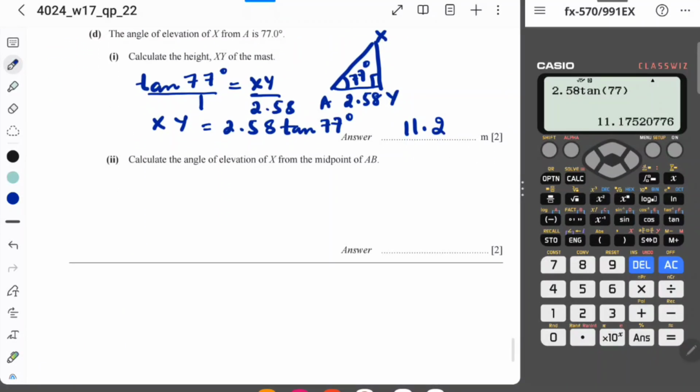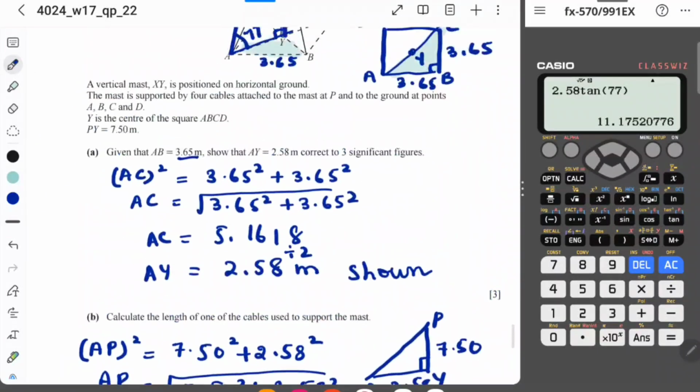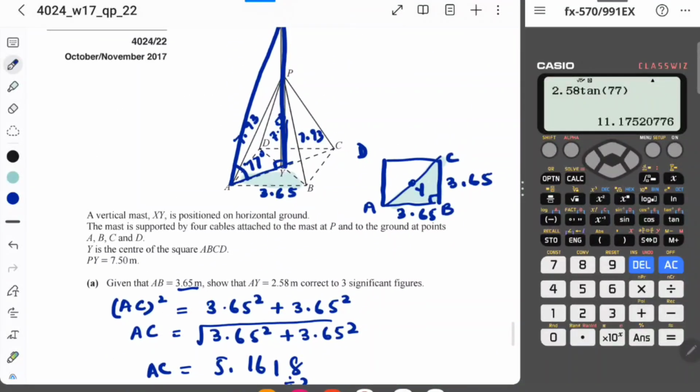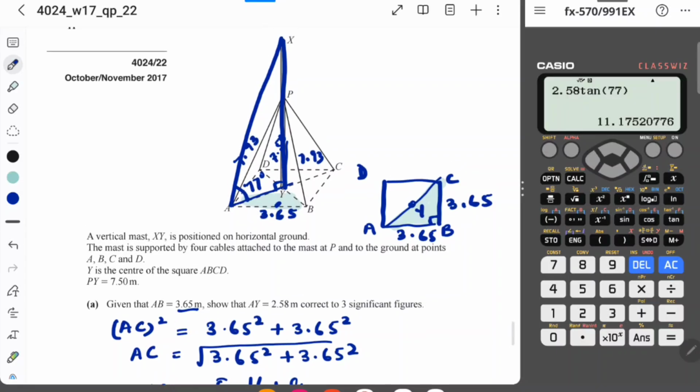Calculate the angle of elevation of X from the midpoint of AB. Let's check in the diagram. The midpoint of AB is in the center here, which is half of 3.65. So we have XY, and then we'll have to take the midpoint.